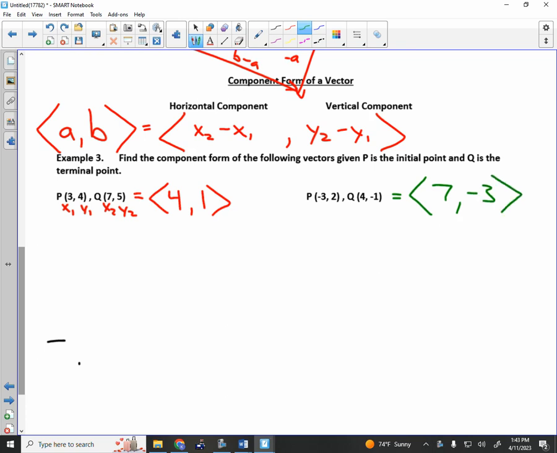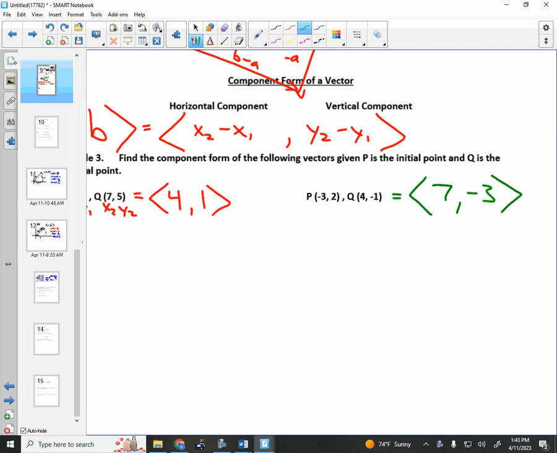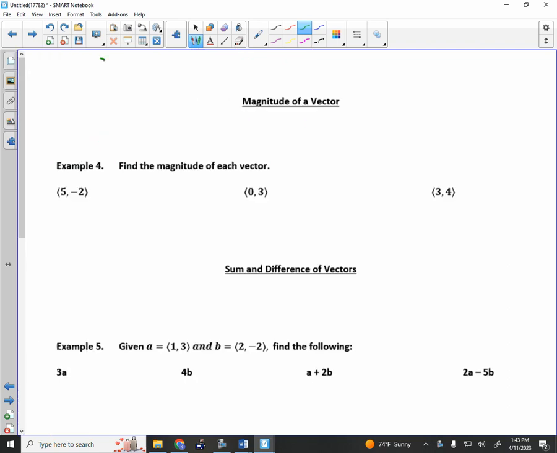Should be 7, negative 3. Any questions there? Good. Really not that tough. Magnitude of a vector. Vectors have magnitude and direction.